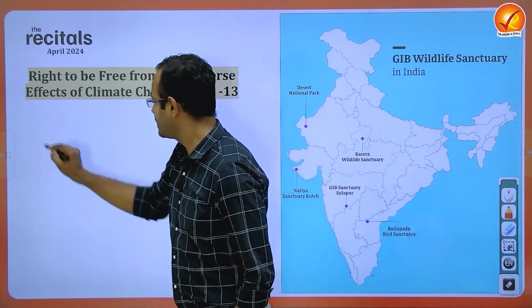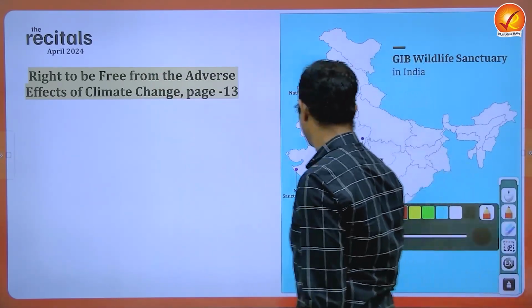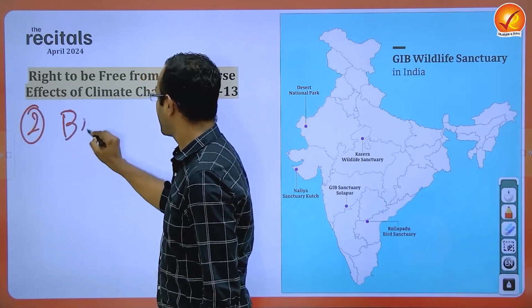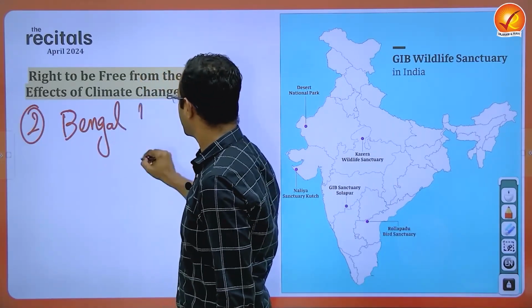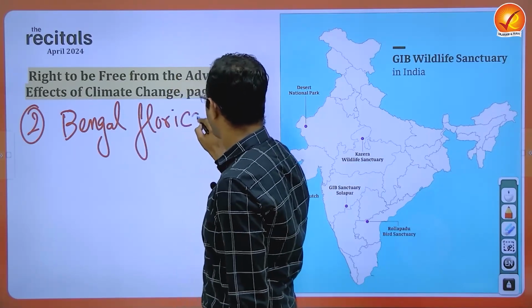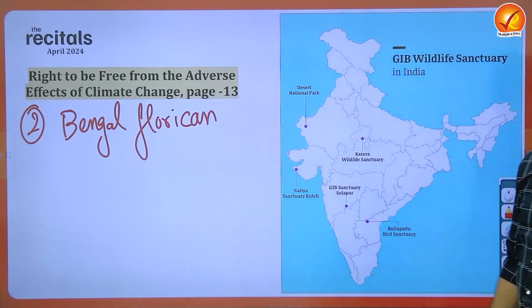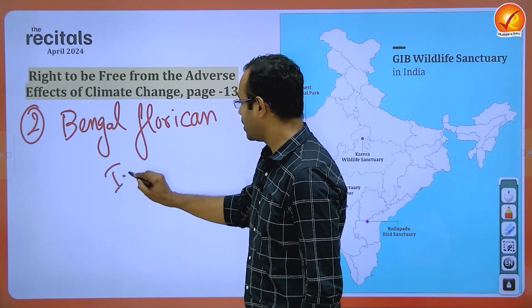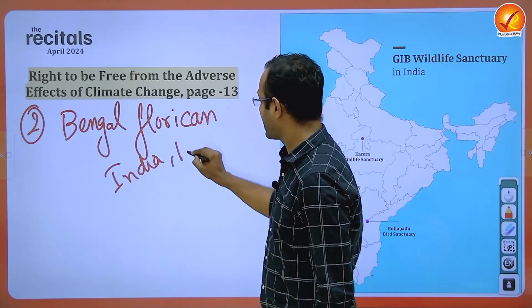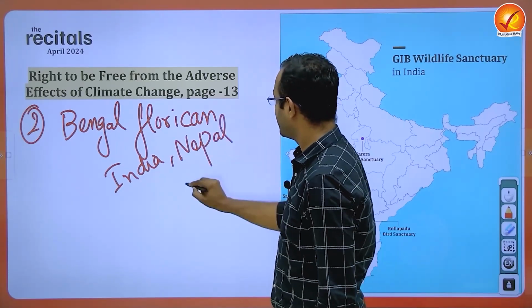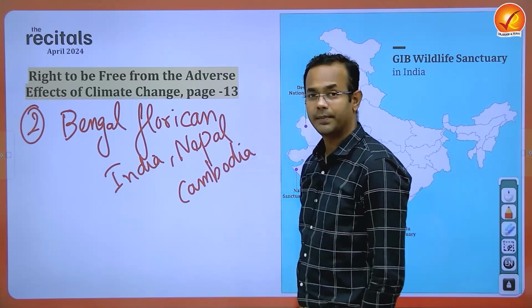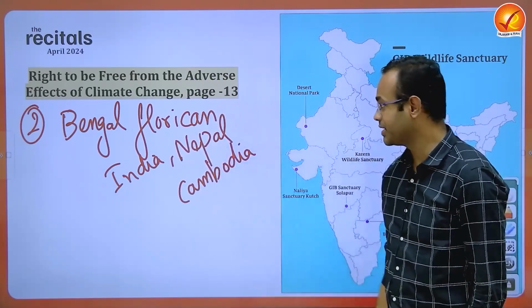The second type of bustard that we see is Bengal florican. Bengal florican is present in India, Nepal and Cambodia. That is their world distribution.